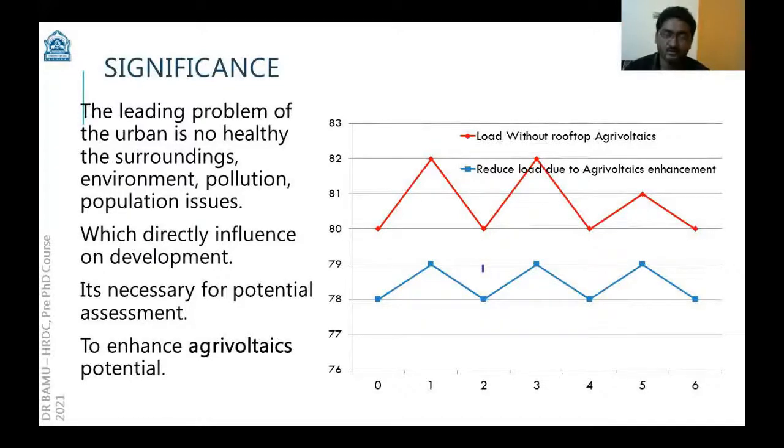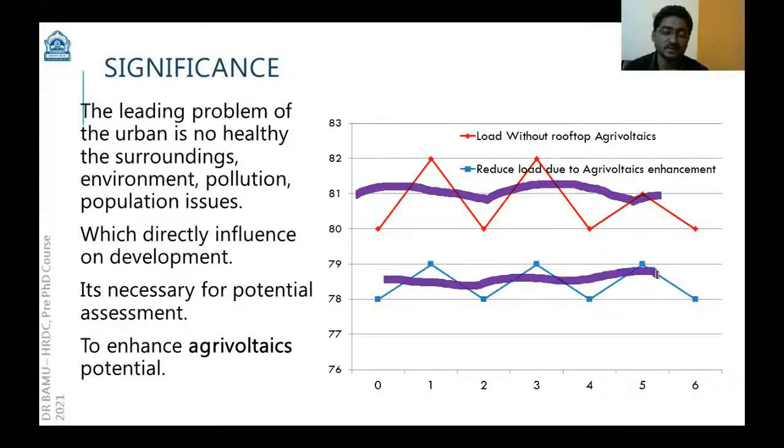These graphs indicate the situation without planning and with planning. The red line indicates the load if we do not plan agrivoltaics. If we plan agrivoltaics, then the stress gets reduced.